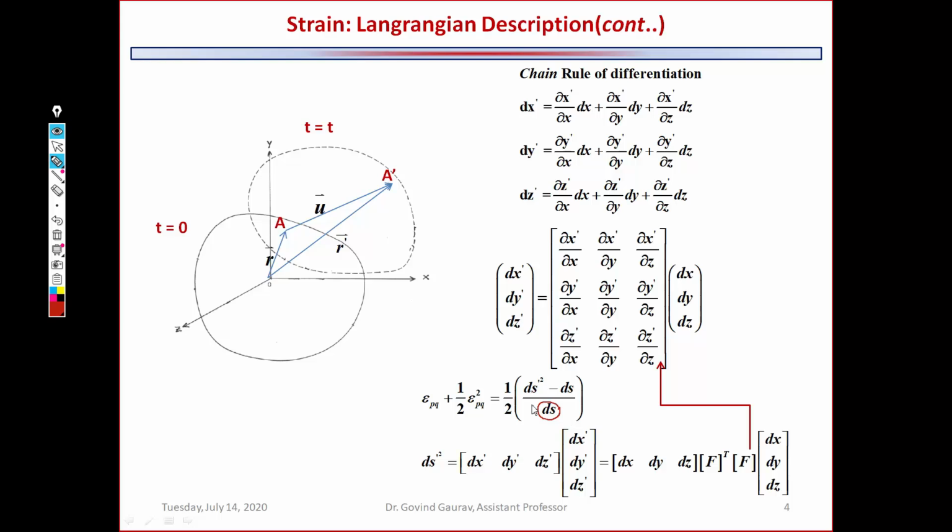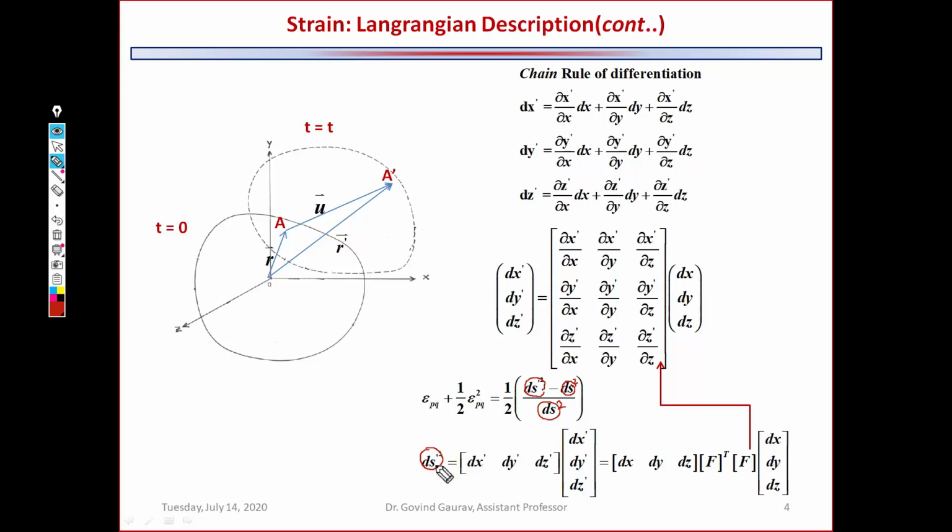So we need to calculate the different values: ds dash square and ds square. We will first calculate the value of ds dash whole square.